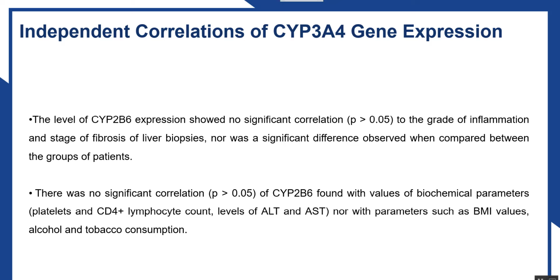The level of CYP2B6 gene expression showed no significant correlation to the grade of inflammation and the stage of liver fibrosis, nor was a significant difference observed when compared between the groups of patients. There was no significant correlation as well of CYP2B6 gene expression values when it was compared with the biochemical parameters, nor with parameters such as body mass index, alcohol and tobacco consumption.